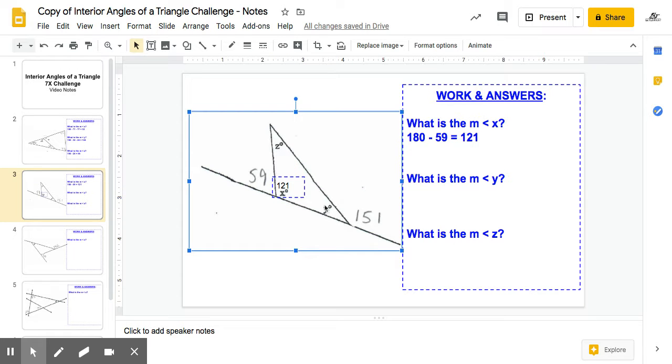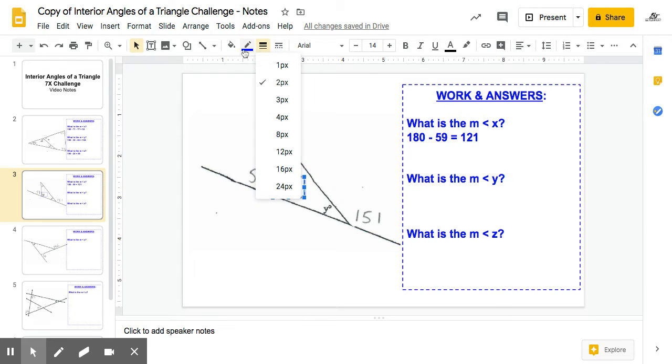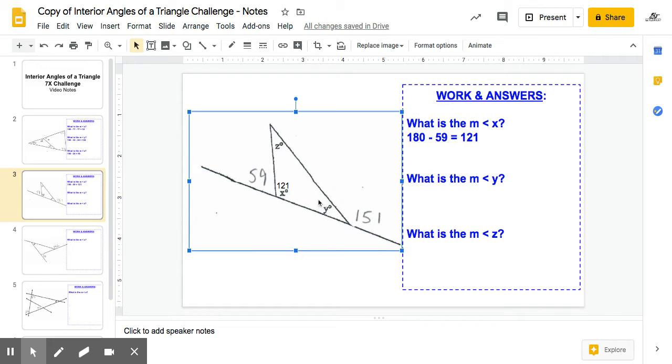Okay, now we want to find the measure of angle Y. Again, angle Y is in this triangle. However, I can't use the fact that interior angles have to equal 180 degrees yet because I only have one angle. I need at least two to use that fact. But again, I gave you this angle right here, this 151-degree angle.